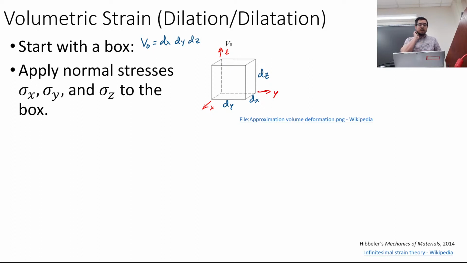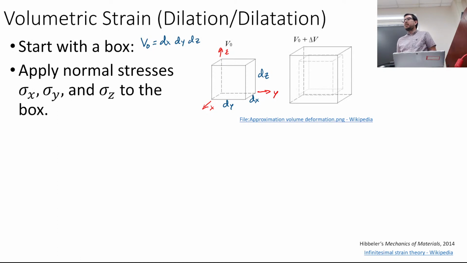If we apply normal stresses to this box, sigma x, sigma y, and sigma z, it will change its volume and potentially change its shape as well. If these stresses were compressive, we would see the box getting smaller, right?